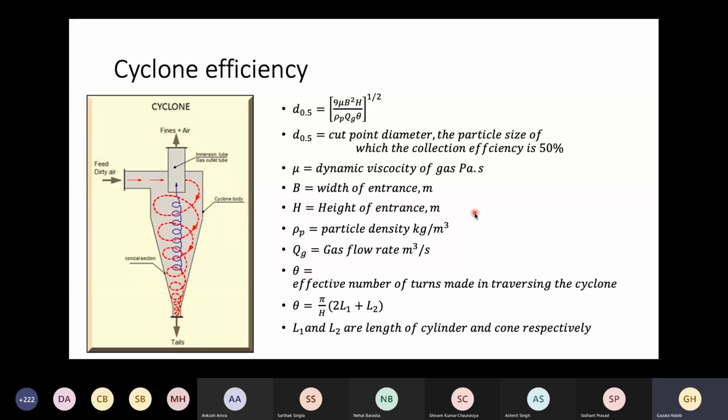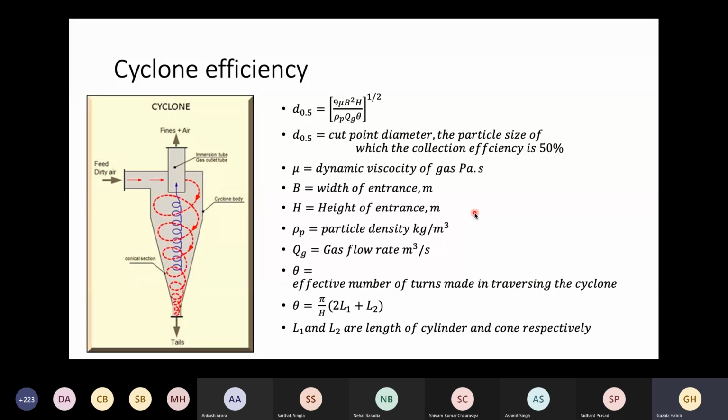If you try to remove or control that particle size by at least 50%, then that would be your dp50. Once you know your dp50, where I want to collect at least 50% of this particle size, then B, H, etc. can also be calculated, given that one value can be assumed. Say I assume the height of the cyclone as 10 centimeter or 20.